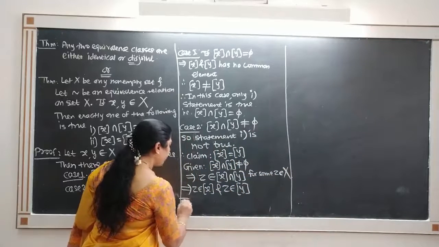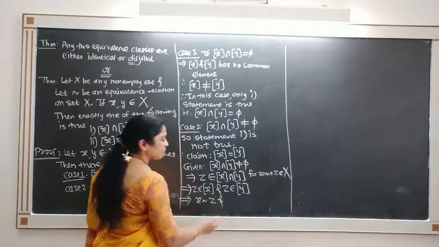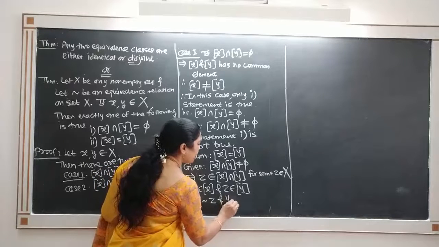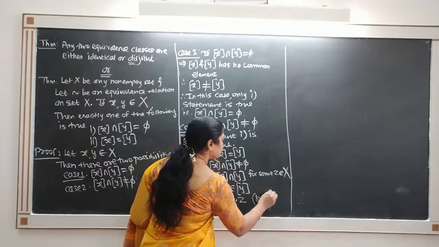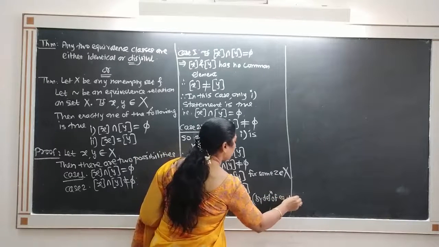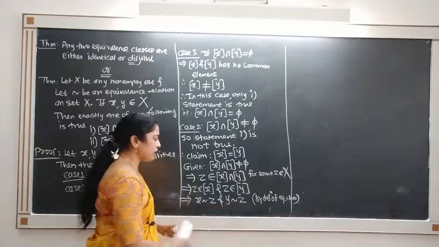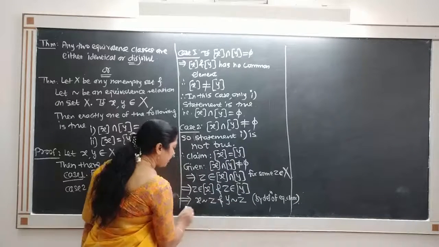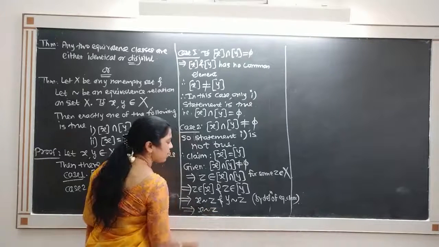This implies that X is related with Z and Y is also related with Z, by the definition of equivalence class. So X is related with Z and Y is related with Z. Now Y is related with Z, and X is related with Z remains as it is.